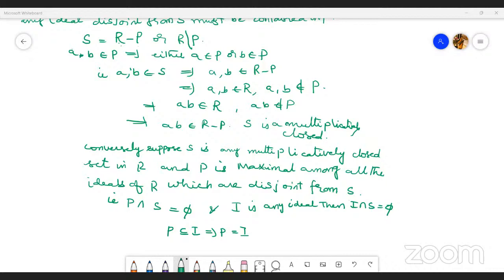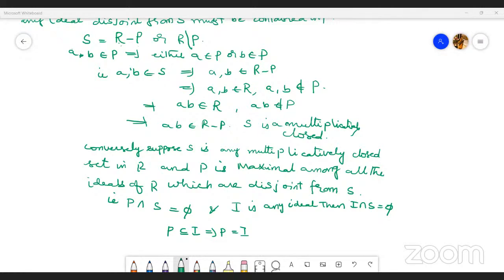P is maximal among all those ideals of R which are disjoint from S. You have P intersection S is empty, and if I is any ideal with I intersection S also empty, then because P is maximal among these ideals, if P is a subset of I, you must have P equal to I.